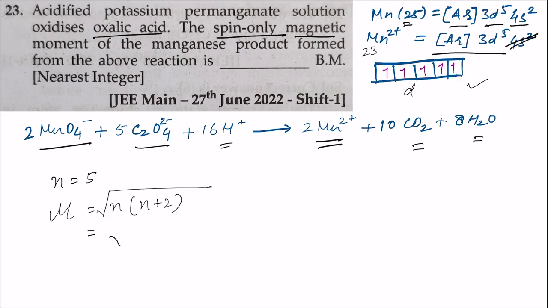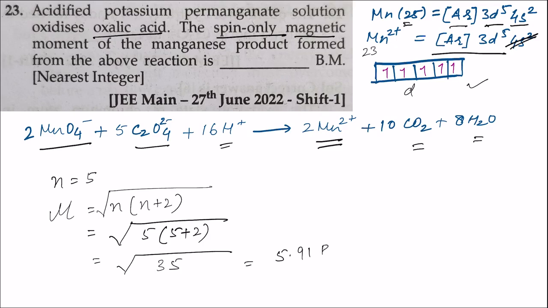So this becomes square root of 5 into 5 plus 2. This is equal to square root of 35, which is equal to 5.91 Bohr magneton, and the nearest integer value will be 6 Bohr magneton. So the correct answer is 6.